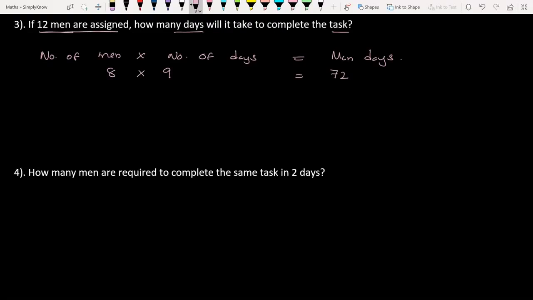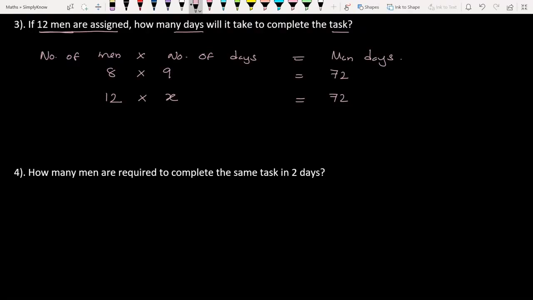So number of men is 12 and we should find the number of days. So let's write X, and this is the same task, 72 man days.